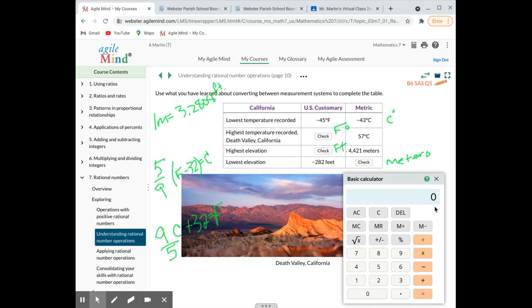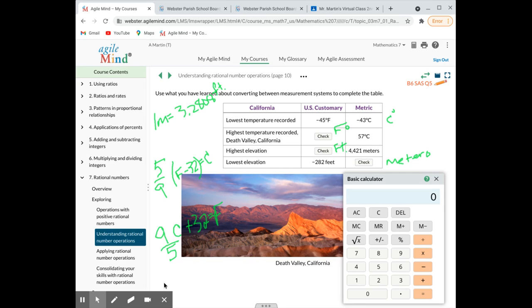What do we do? All right, well, let's just make it happen. Take a look at this. It says 57 degrees Celsius. So what goes in for C? 57. Now, do I do multiplication or addition first?